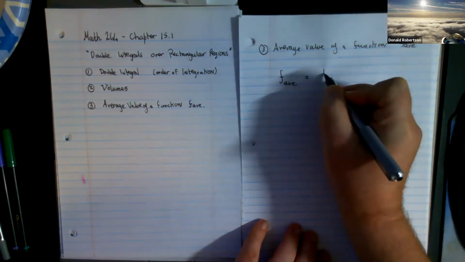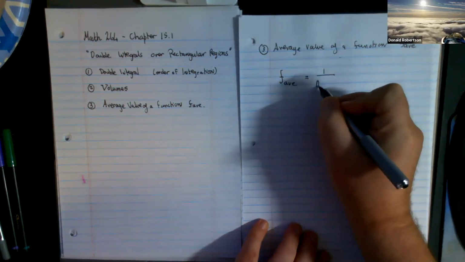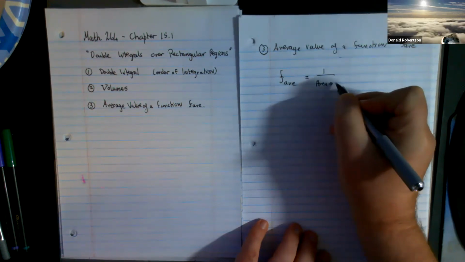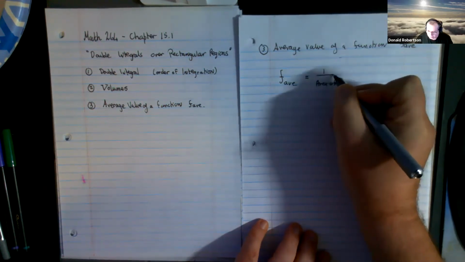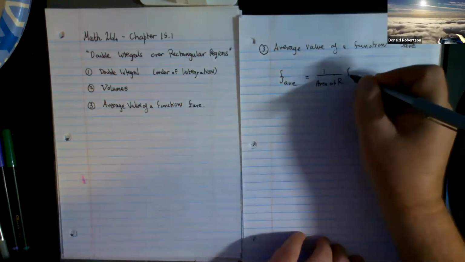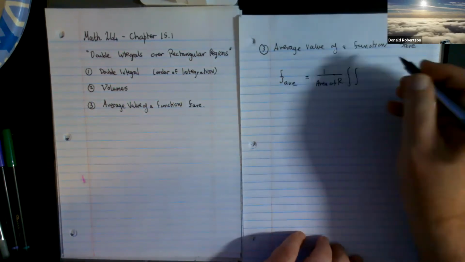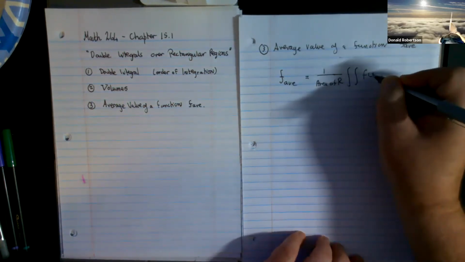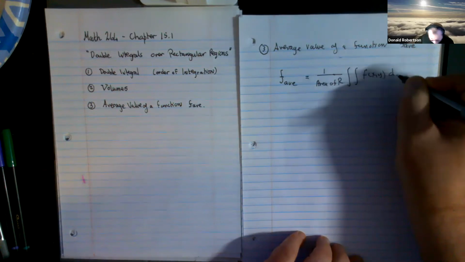And its formula is 1 over the area of the region R. The region R is x equals 0 to 2, y equals 0 to 4, right? So it's the area of that, the double integral of whatever your function is, dx.